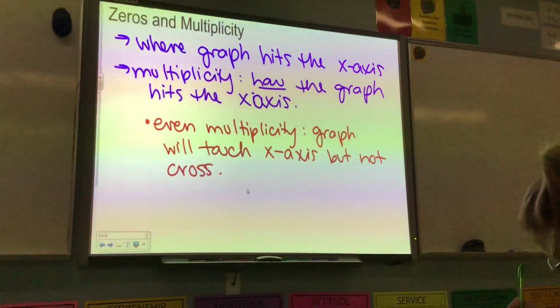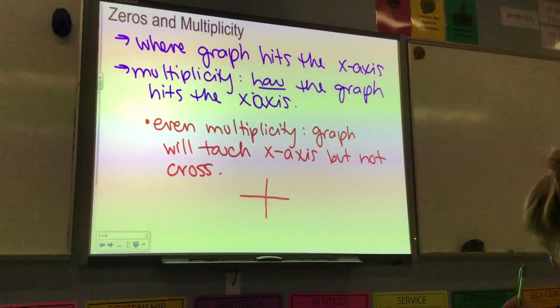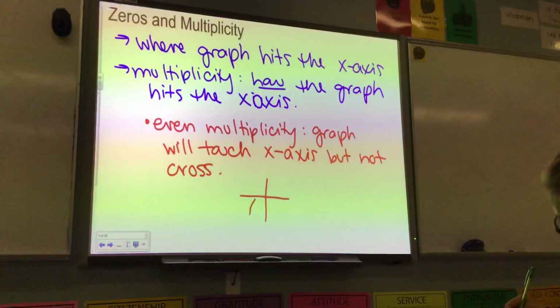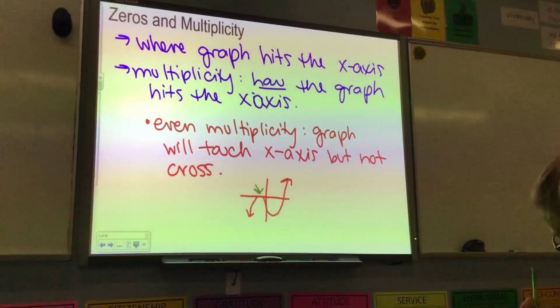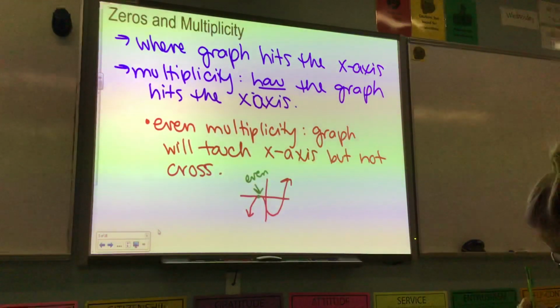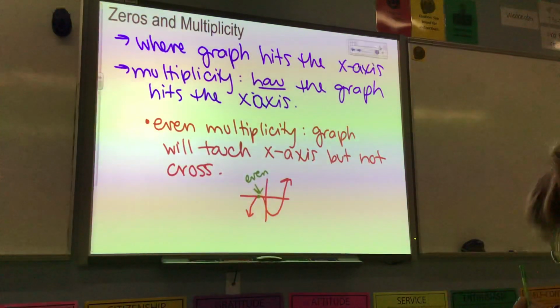So for example, to draw you a picture of that, I'm going to draw a random graph. That point right there where it touches the x-axis but does not go through would have an even multiplicity. So maybe that answer, if it's -1, it has a multiplicity of, say, 2.